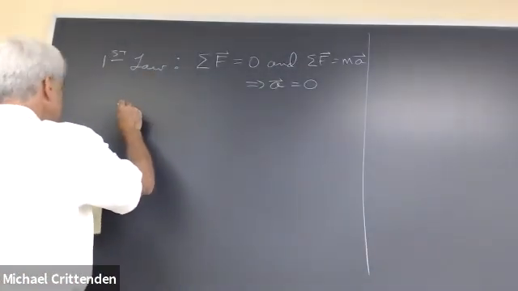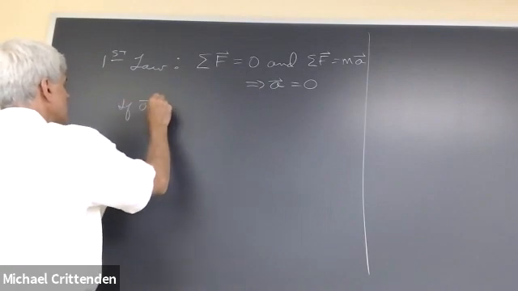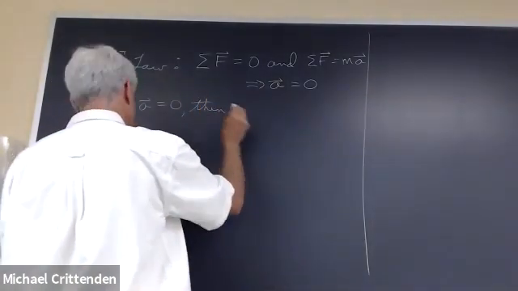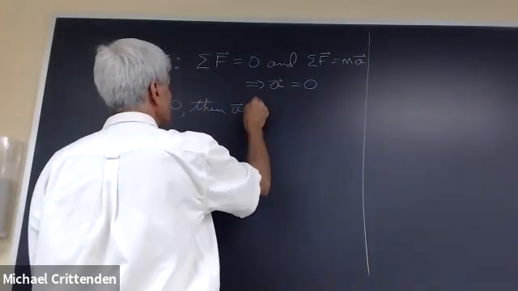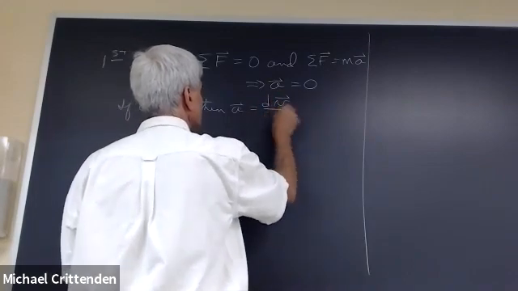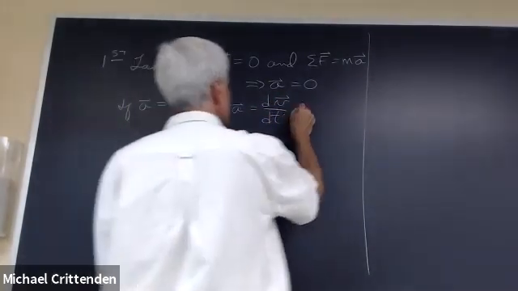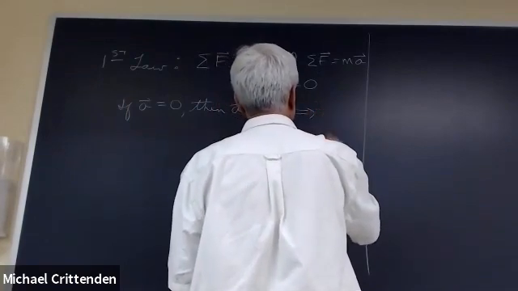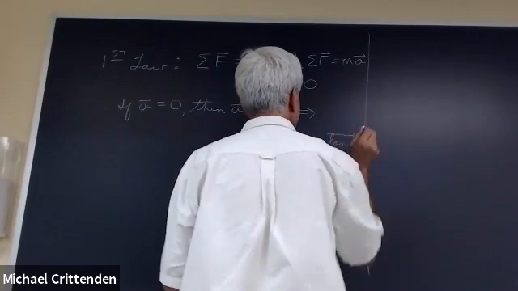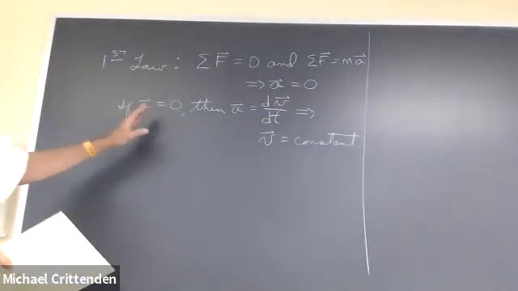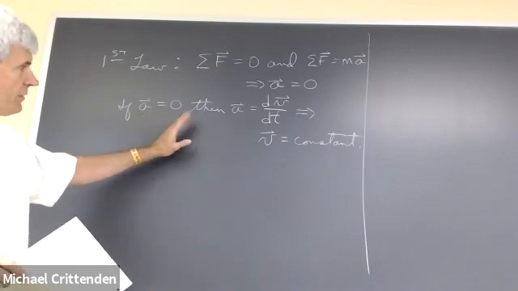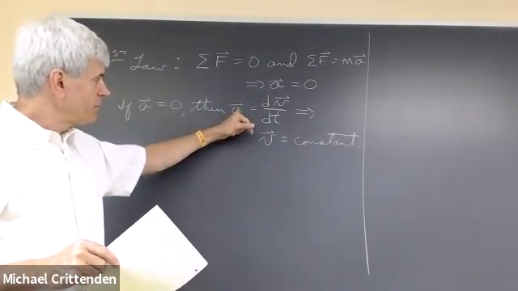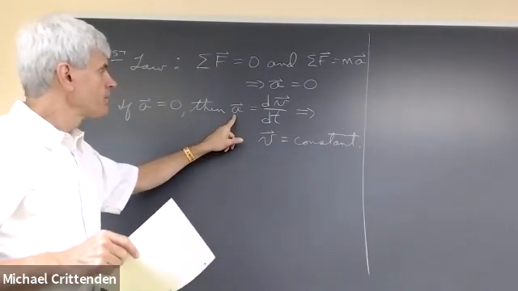Writing that out in a little more detail. Acceleration is 0, that's saying that the derivative of the velocity is 0.